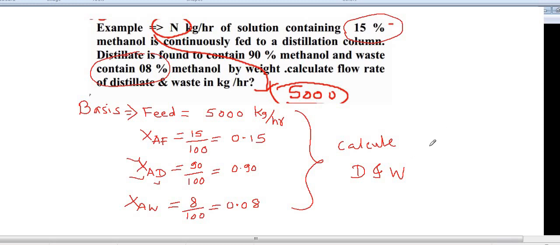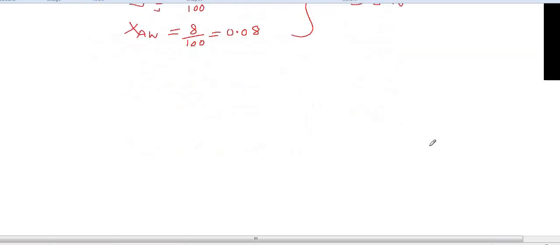Okay, so we have to use the material balance equation. For that we have to first draw a block diagram. So I just draw the block diagram. Here is our distillation column, feed. From top we get distillate, from bottom we get waste.